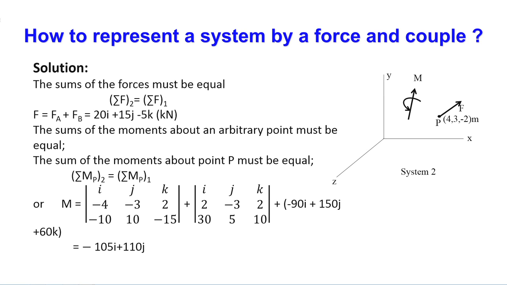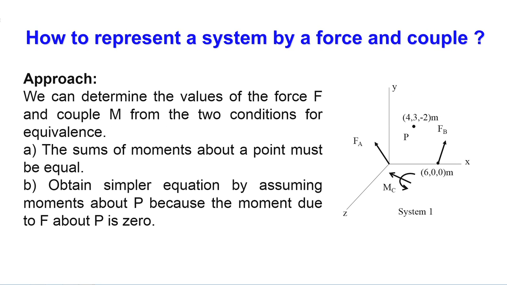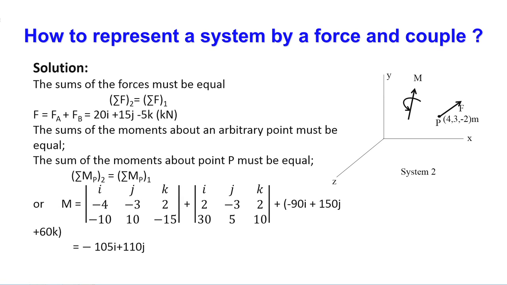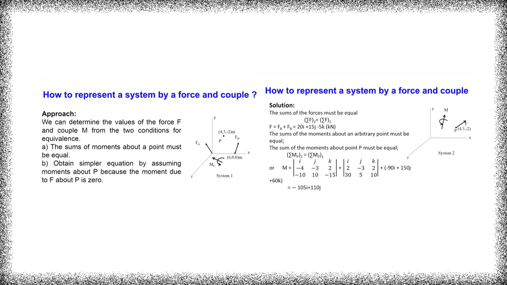Now, just see once more. Obtain the simpler equation by taking moments about P, because the moment due to F about P is 0. Here this is system 1 and this is system 2. So, for the sum of the forces, what are the forces?